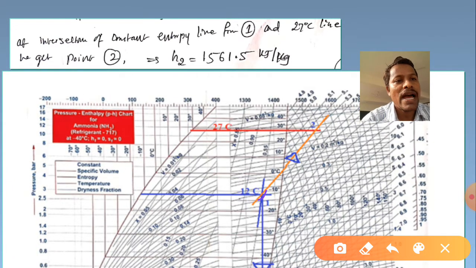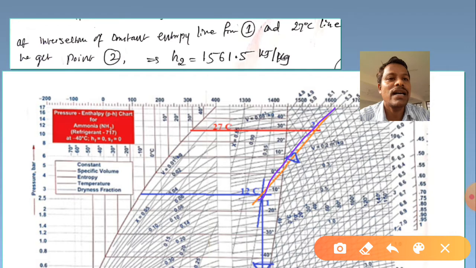From point 1 I moved along the constant entropy line. Why am I moving along the constant entropy line? Because 1 to 2 is an isentropic process, that is a constant entropy process. Then again I drew a constant temperature line of 27 degrees Celsius. Why 27 degrees Celsius only? Because it is the condenser temperature. So in the wet region I identified the 27 degrees Celsius line.